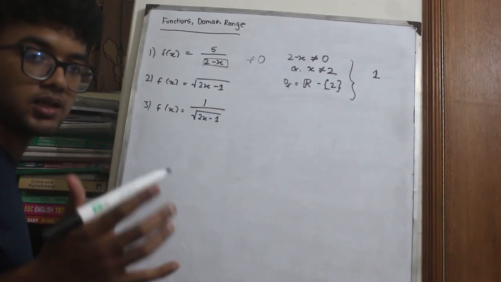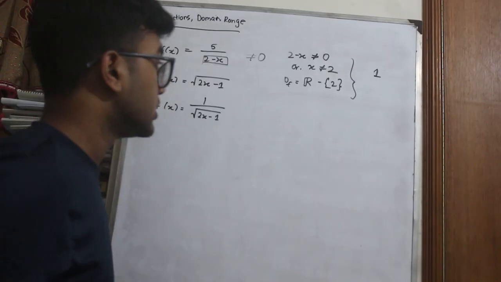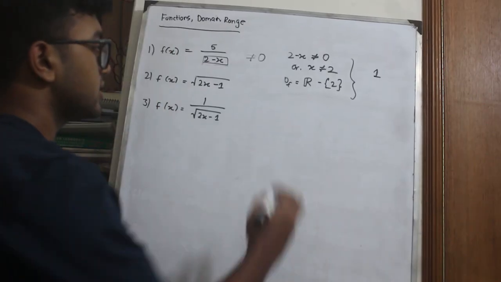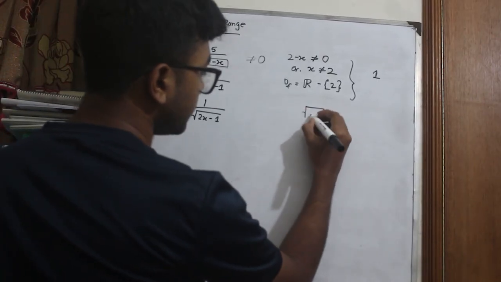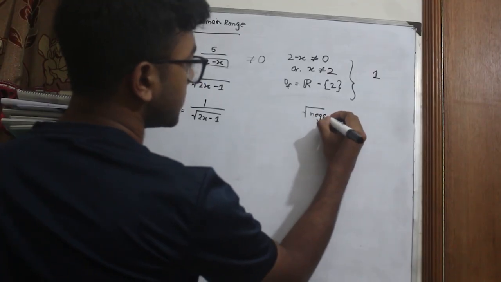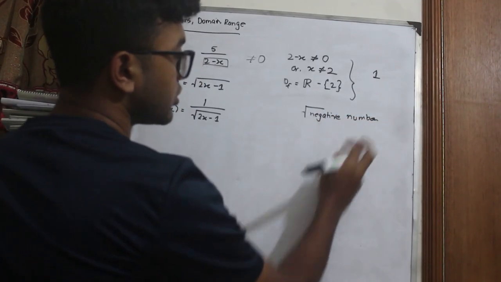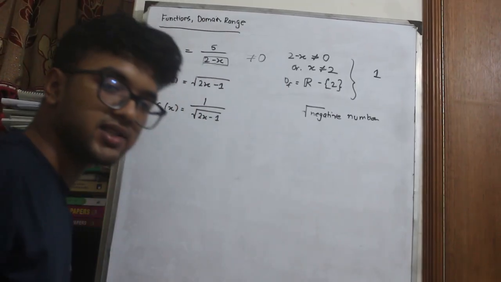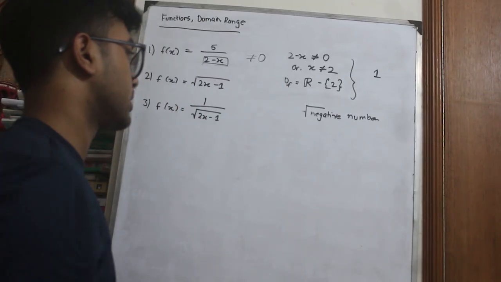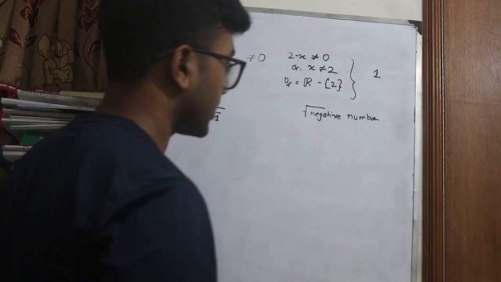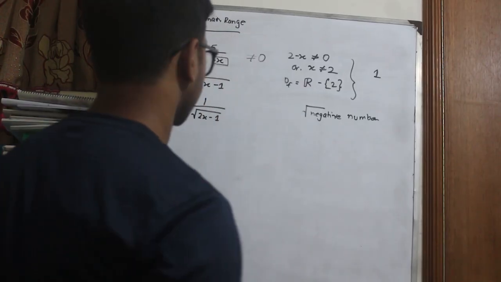And we know what the condition for a square root is. The condition for a square root is that it cannot be a negative number. Why? Because roots of negative numbers do not exist as real numbers, and they are termed imaginary numbers. And let's not get into that, because that's a whole separate conversation.